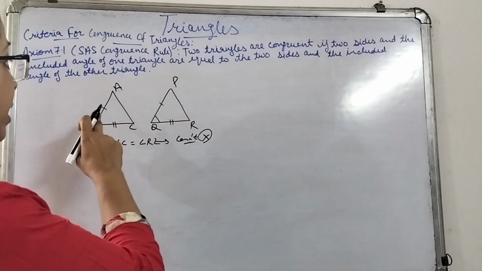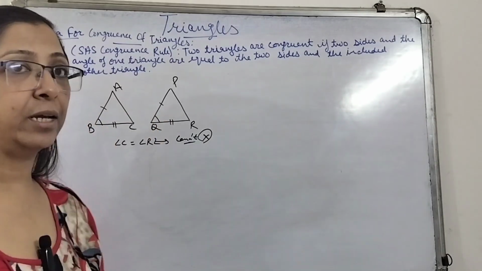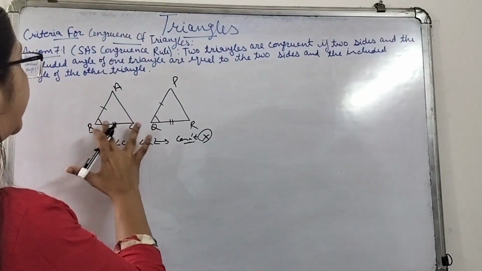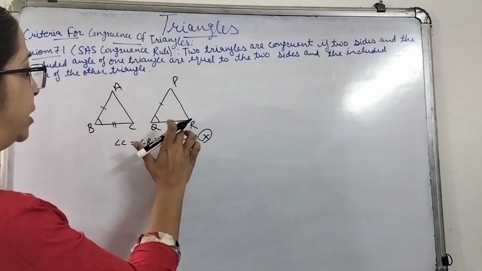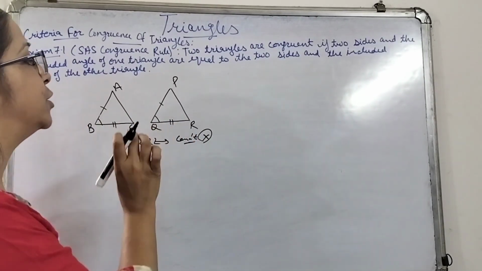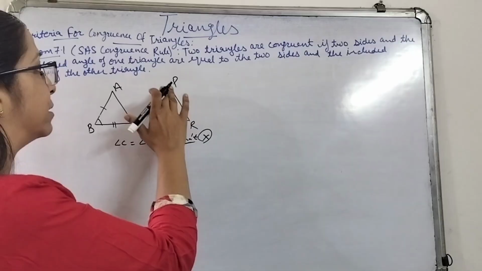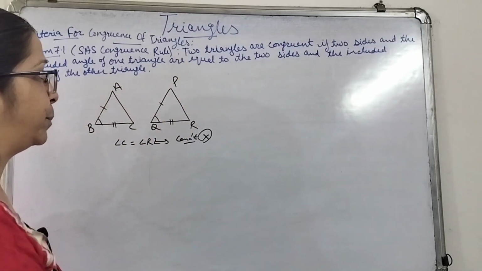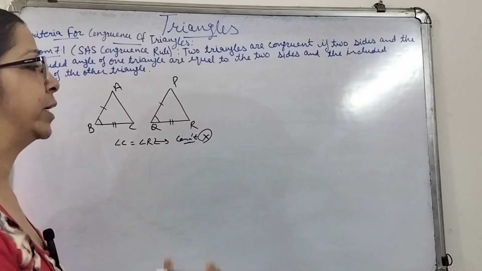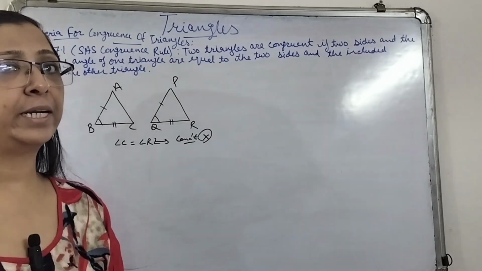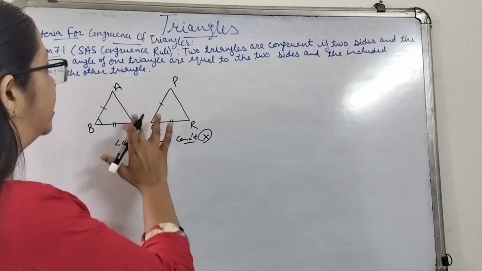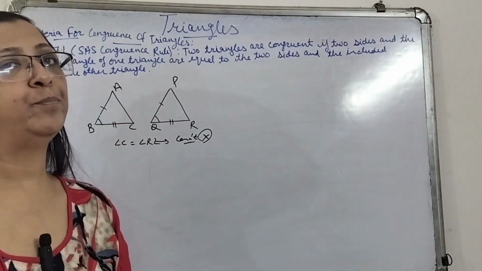That simply means the angle which we are considering should be the included angle. Whichever two sides are given equal, the included angle should be equal. Any other angle, if it is given that angle A is equivalent to angle P or angle C is equivalent to angle R, then we cannot interpret that these two triangles will be congruent.